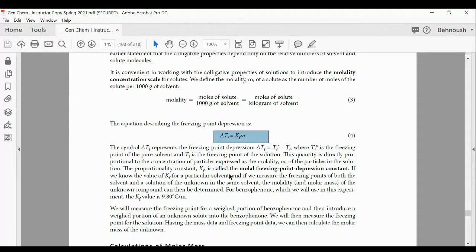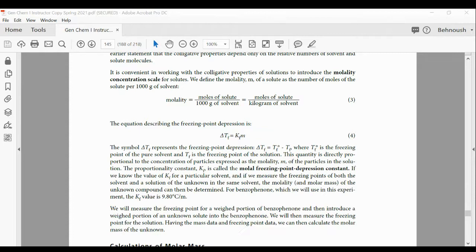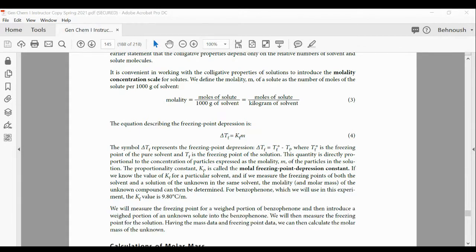Anyone who has not answered the question? Lillian, Aisha, Jada, Bianca, if you have not answered, how do you find the value for delta TF, based on the procedure? What is delta TF?